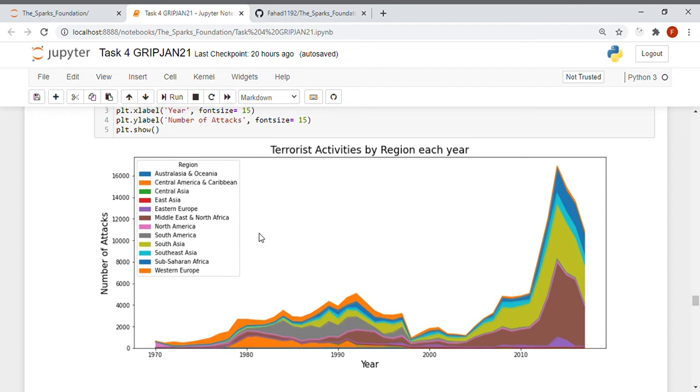We all know Mexico and other countries there, Honduras, Guatemala, also faced problems of terrorism and crimes.